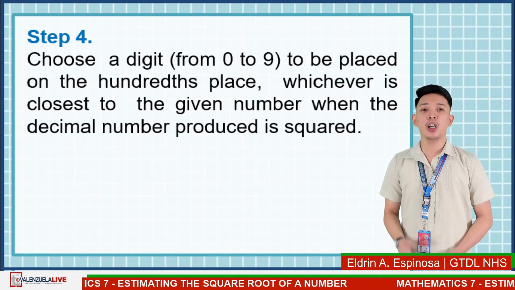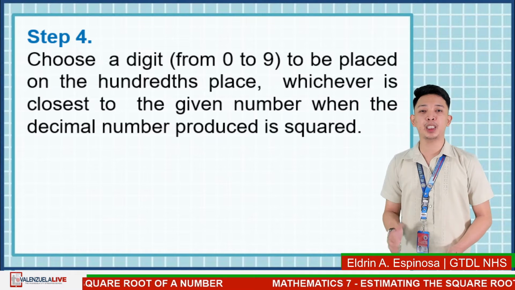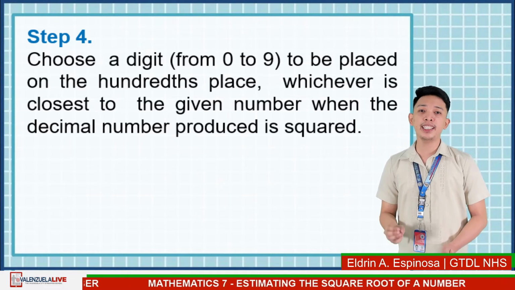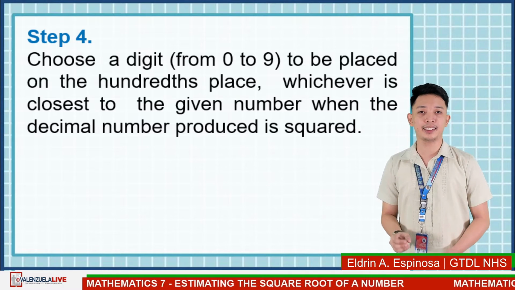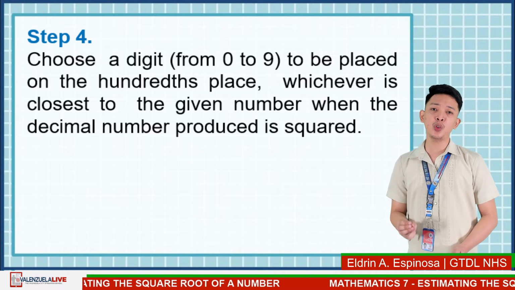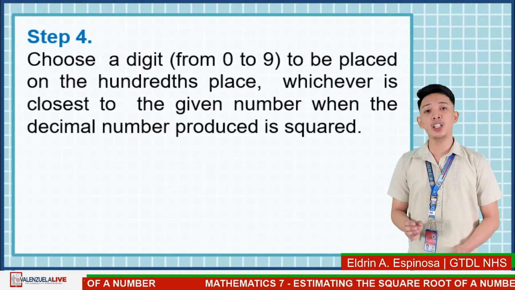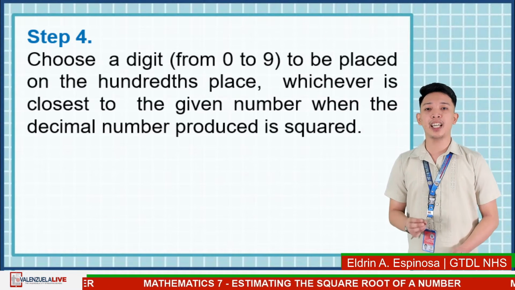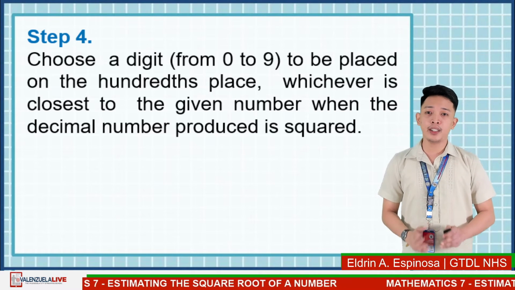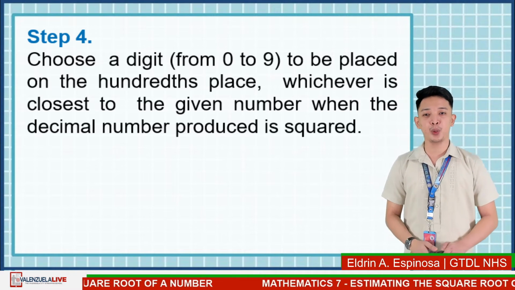Fourth step, choose a digit from 0 to 9 to place on the hundredths place. Whichever is closest to the given number when the decimal number produced is squared. Since our first estimate is 2 and 6/10, we can choose from 2 and 61/100 to 2 and 69/100, whichever is closest to 7 when these decimal numbers are squared.